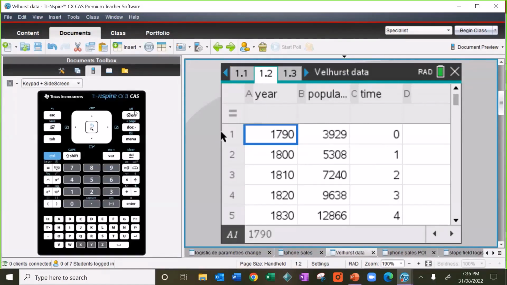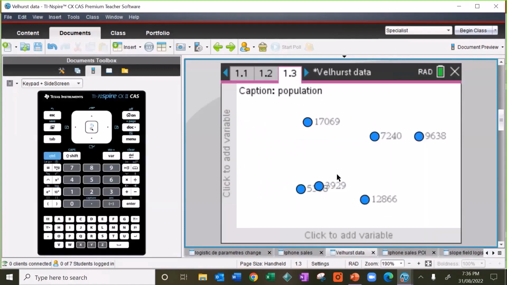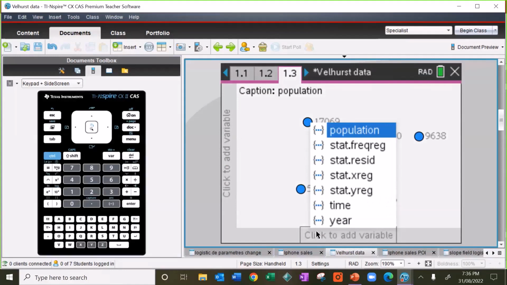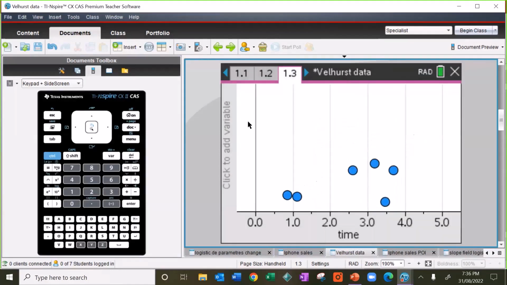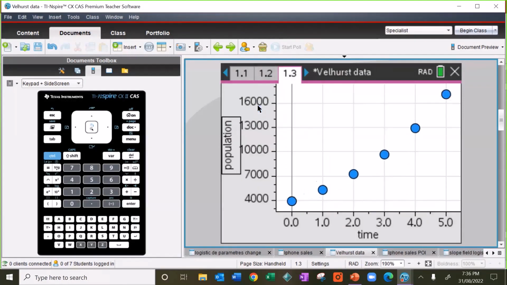So we'll try now to get the curve. We need to get our purple graph, and I will use time rather than year, and I will use the population. As we can see, it doesn't really have this characteristic S shape yet.